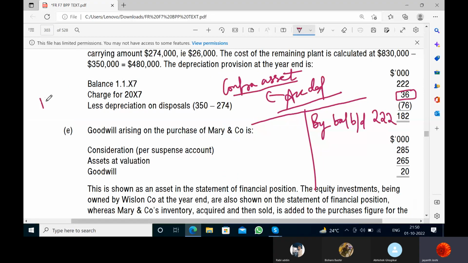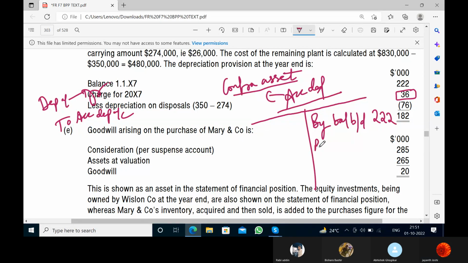The journal entry is depreciation account debit, to accumulated depreciation account. That means every year's depreciation should be added to the accumulated depreciation balance. So now we are going to do the same thing here. We are going to add. So in the accumulated depreciation account, I will write by depreciation ledger, by depreciation 36. Correct.